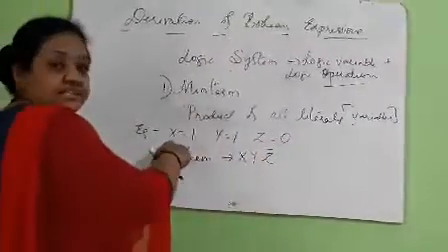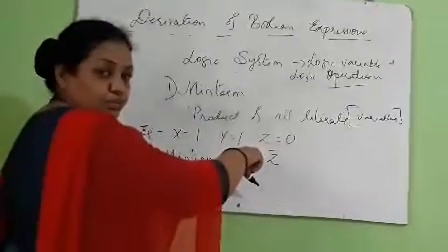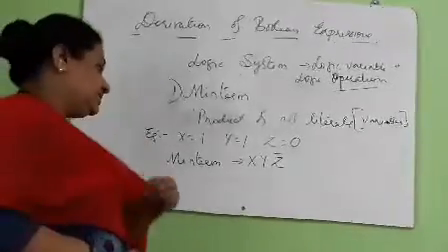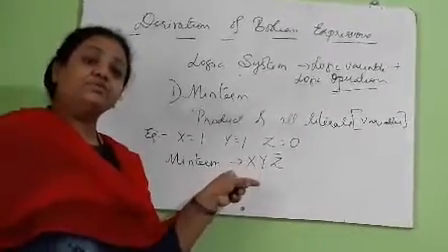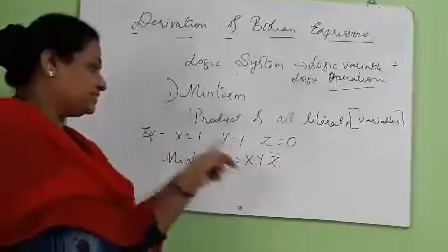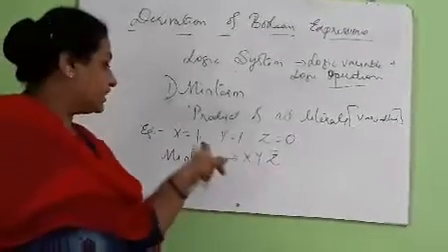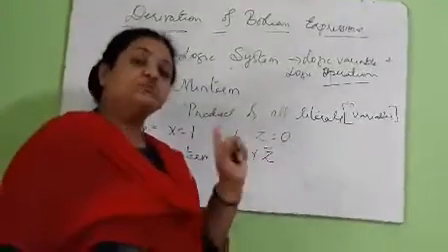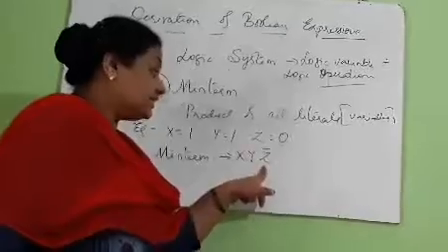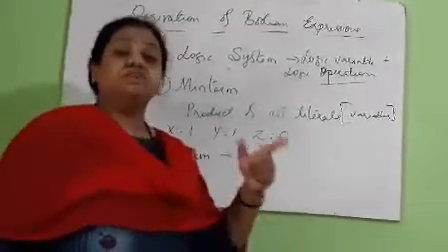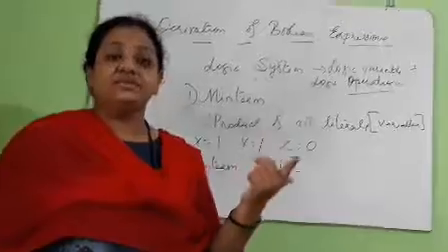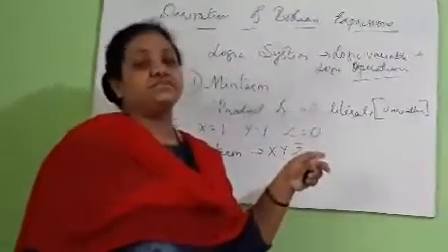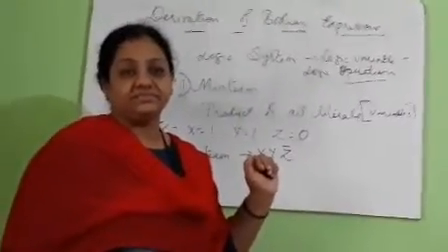For example, x is equal to 1, y is equal to 1 and z is equal to 0. Now we shall write the minterm representation for the same. X is represented as x because x is 1. Y is represented as y because y is 1. Z bar, because its z value is 0. When the variable value is 0, it is represented with its complement.